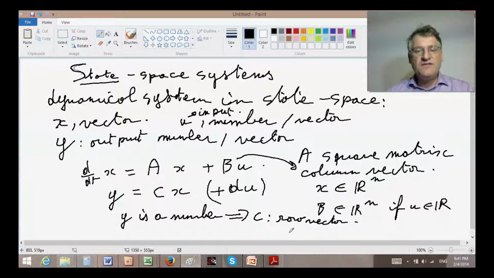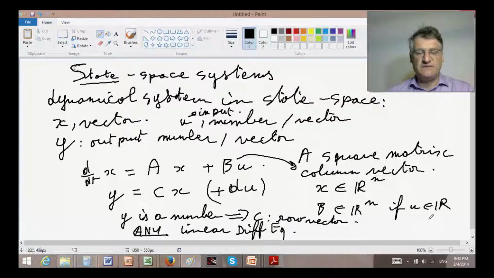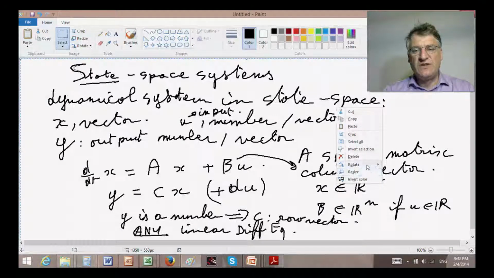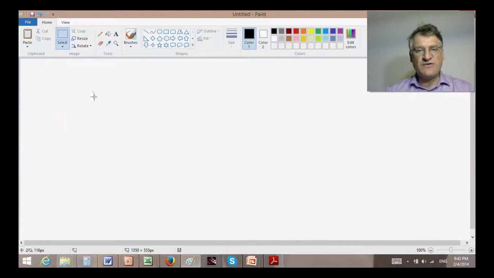So this may look like a specialized formulation of a dynamical system, but in fact it is very general, and any linear differential equation can be written like that. Okay, so let's go through some examples, and then we'll go through some interesting properties.